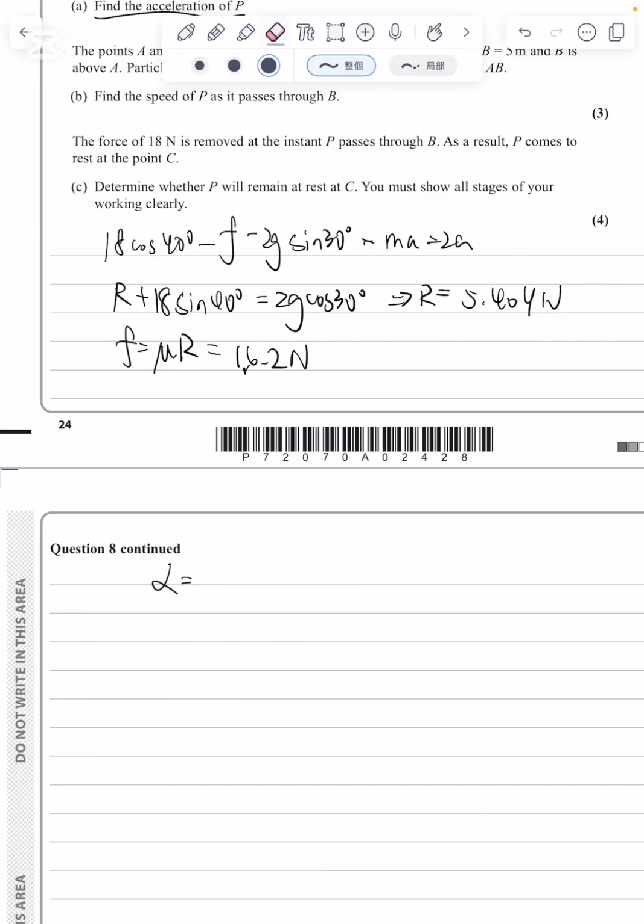Oh, the decimal point should be here. And then we will get, just plug it back in, and you will get A is 1.18. I'm not going to plug it into a calculator again. It's too tedious.